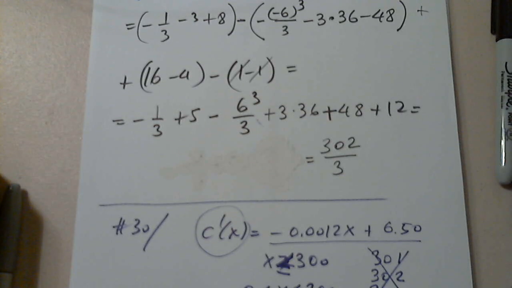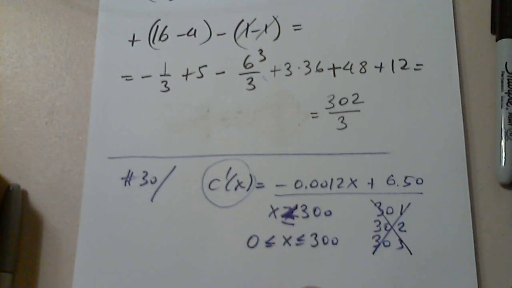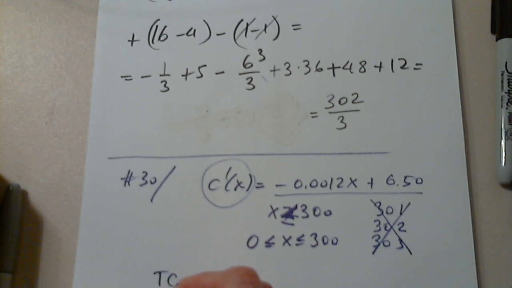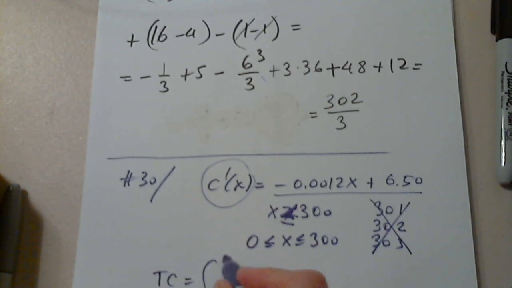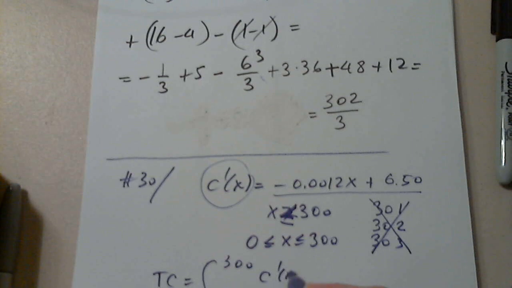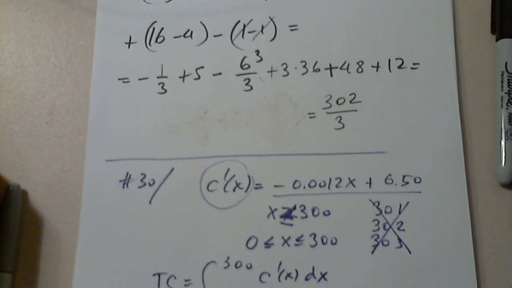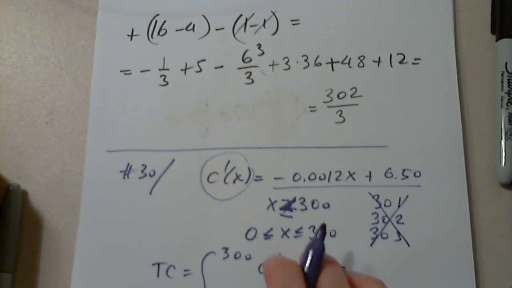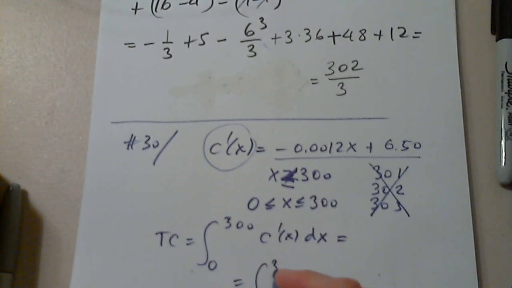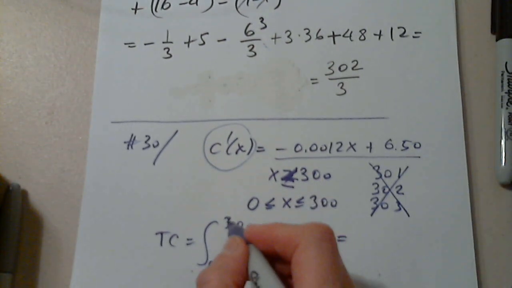Alright, so then I would just have to find c of x. So if it's asking you for the total cost, it's the integral from 0 to 300 of c prime of x dx. Find the total cost of roasting 250 pounds of coffee.